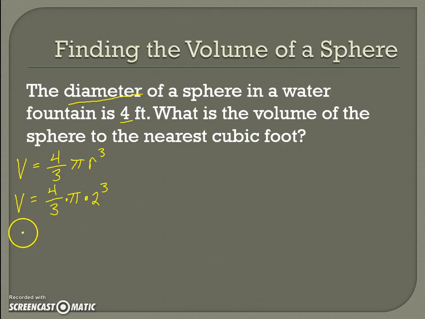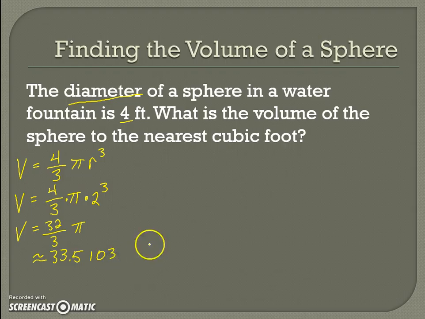And then I go ahead and I multiply 4/3 and 2 cubed, which is 32, because that's 8. 8 times 4 is 32. 32/3 pi. And then we can approximate that. You get about 33. This is just putting this in my calculator here.